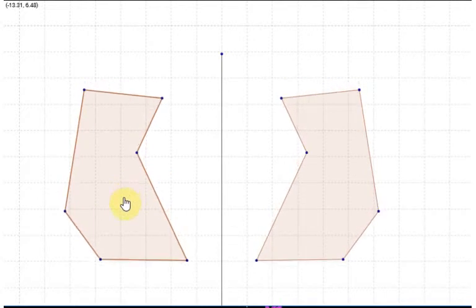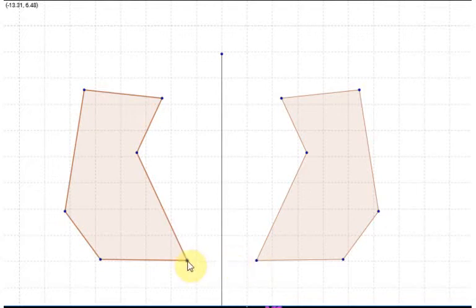Now, the characteristic or properties of reflection are these: that the distance from any point in the object to the mirror, and the corresponding distance from the same point in the image to the mirror, are the same.